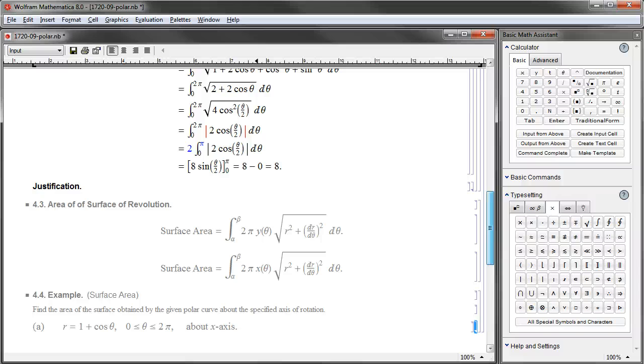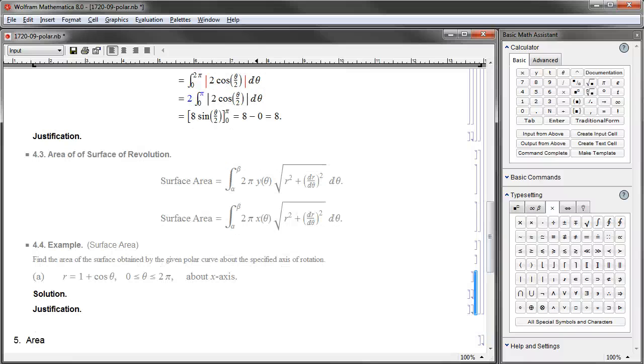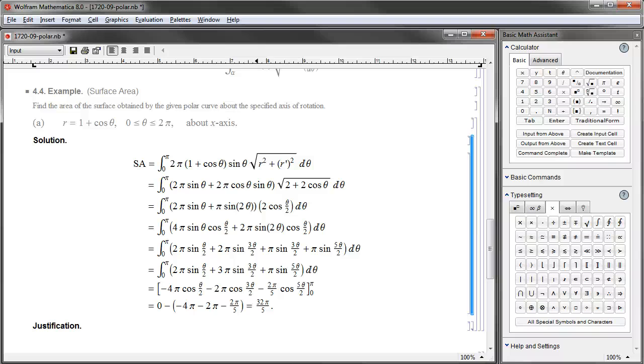Rotation about the y-axis is almost the same actually. Here in this computation, instead of 2 pi y, we need 2 pi x. So the sine of theta will have to be replaced with cosine of theta.